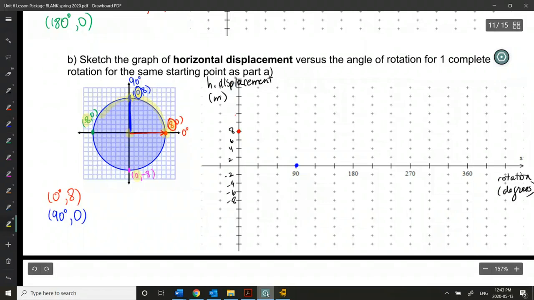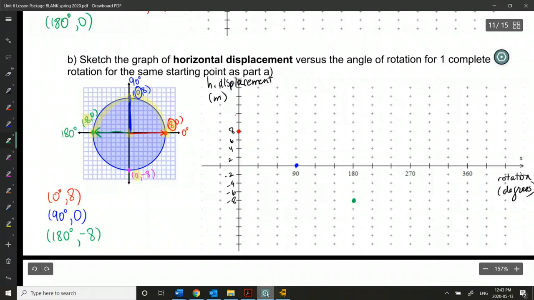Okay, now let's rotate over to the next important point here, and that is 180 degrees from where we started. And are we to the right, the left, or are we equal with the center now? Well, I can actually see I'm 8 units to the left of the center, and that would be a horizontal displacement of 8 meters left, or in other words, we would go 180, negative 8.